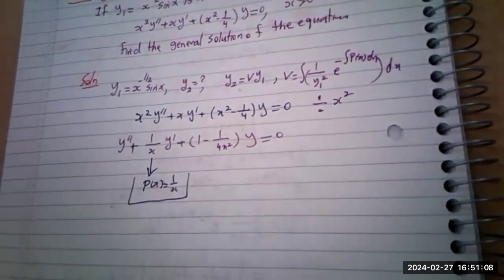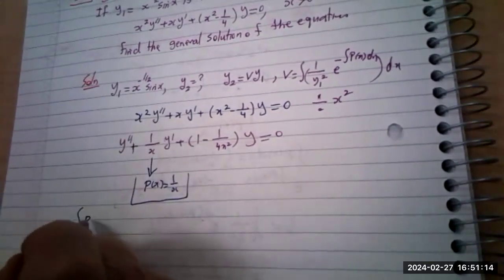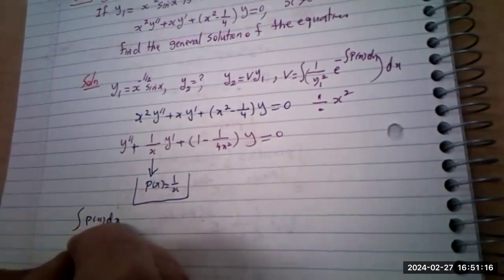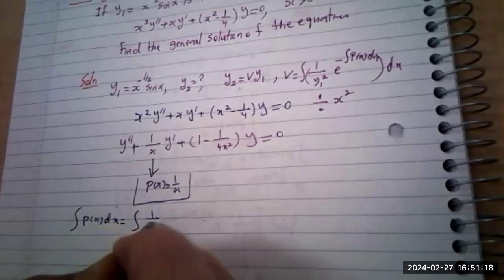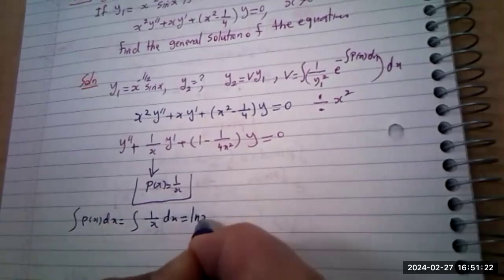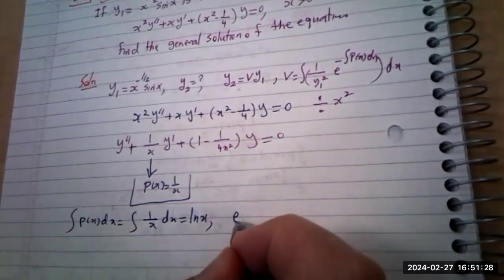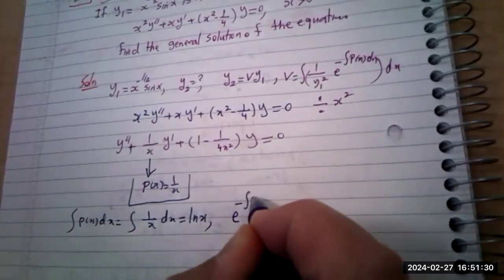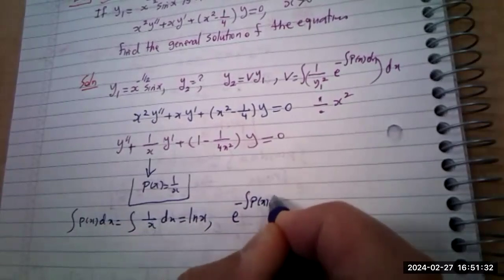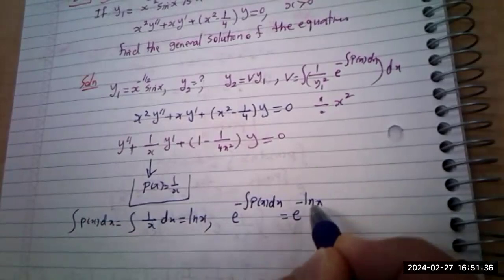Go for the procedure, integral of px, e to the integral of px dx. So we go with the integral of px dx, which is 1 over x dx. Again, ln x. Consider the e part. You are interested in e to the negative integral of px dx. It's going to be e to the negative ln x.